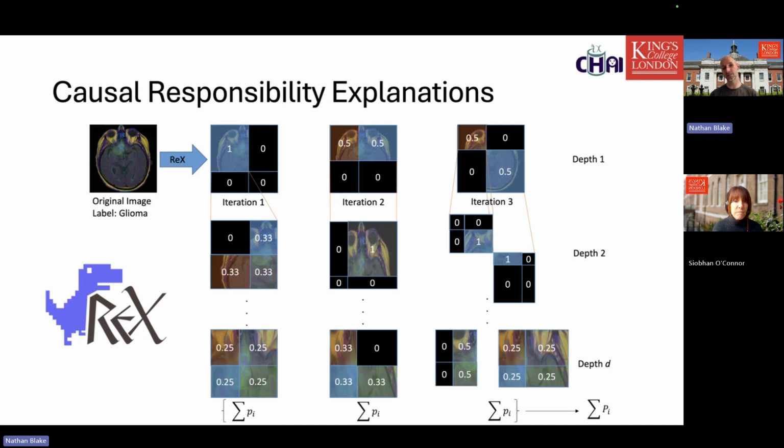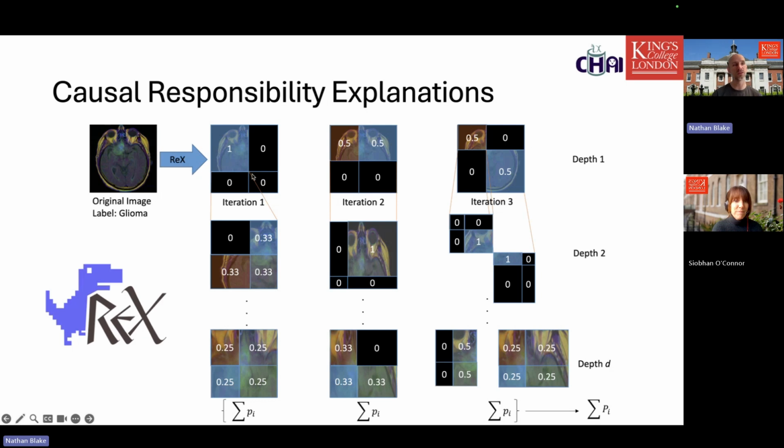If it says it's glioma, we say, okay, so what we didn't blank out was responsible for the positive classification of glioma. And since in this particular partitioning, there's only one positive partition, it takes all the responsibility. So we give it a responsibility of 1.